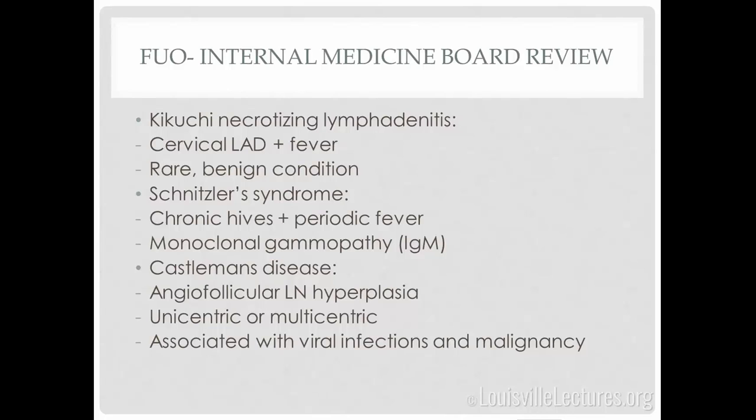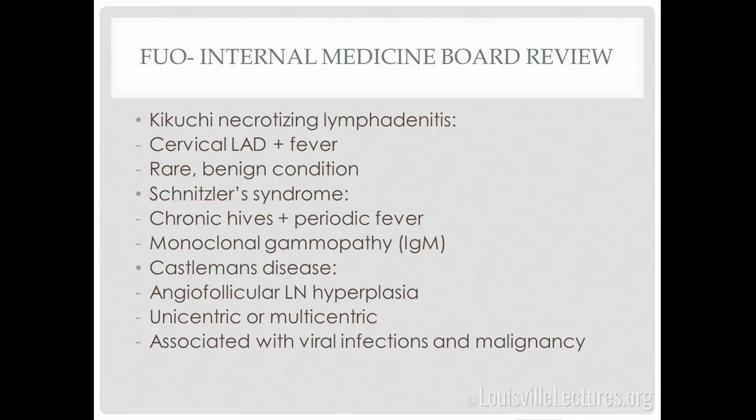So Kikuchi's is a necrotizing lymphadenitis. I actually had a case of this when I was a resident many moons ago. This is a benign condition, and you have cervical lymphadenopathy and fever. The way to make this diagnosis is through biopsy, okay?